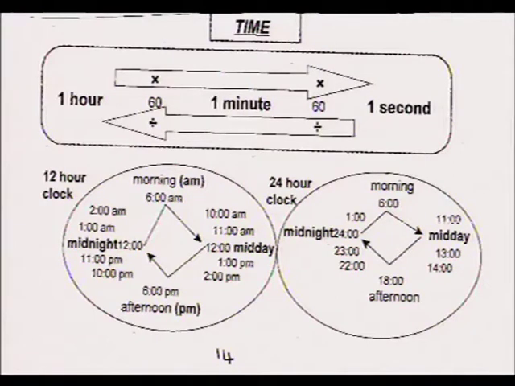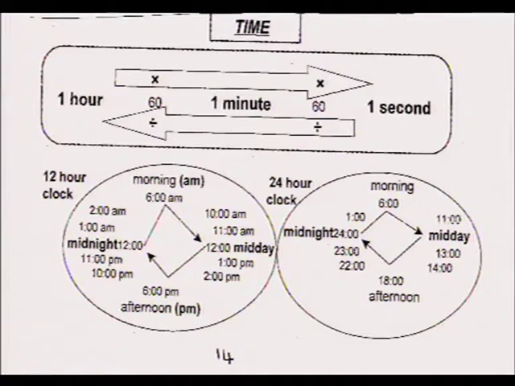Time. We know that 1 hour has 60 minutes and 1 minute has 60 seconds. We always start with a 12 o'clock on the clock, and then we go clockwise to midday and afternoon PM and midnight 12 o'clock in the night.